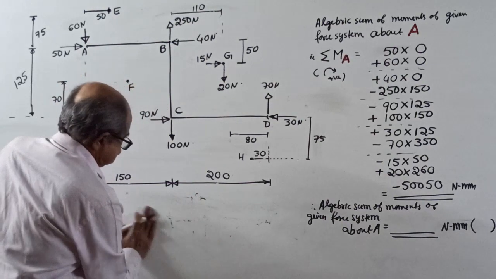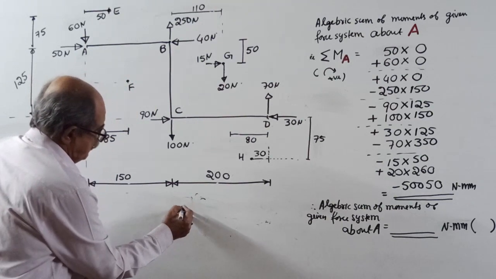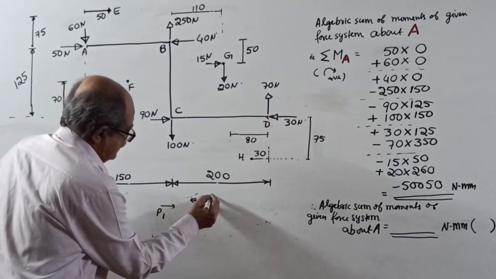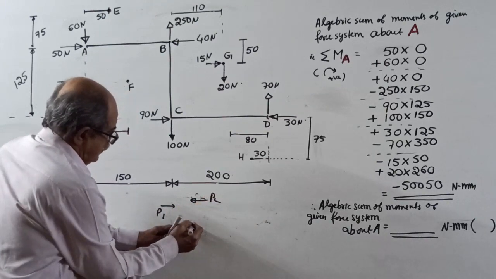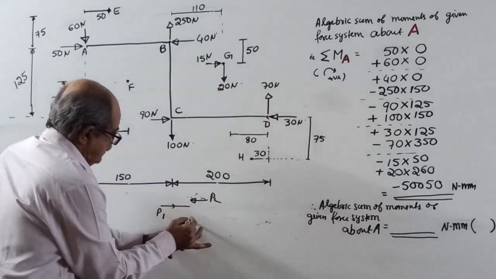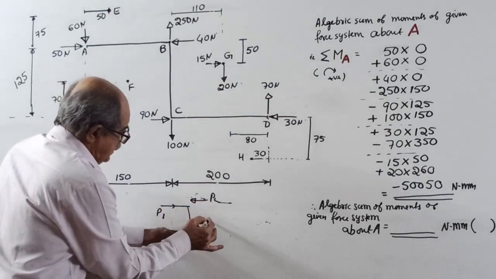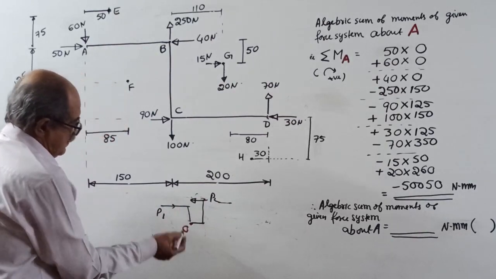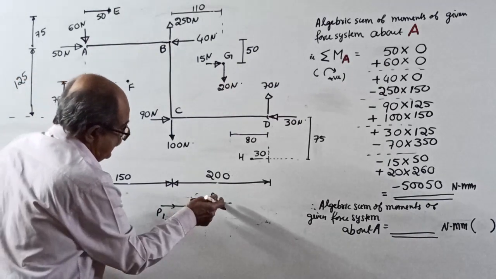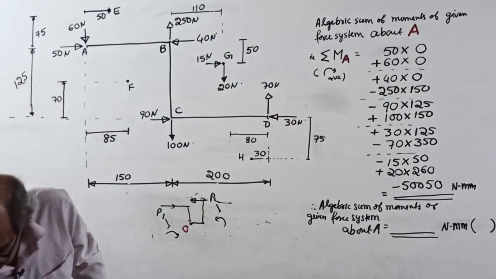Next, suppose the point O is here. If there is a force P1 here and P2 here, moment about this point: P1 into this distance, extend the line, P2 into this distance. P1 will produce clockwise, P2 will produce anti-clockwise. Go through the class repeatedly.